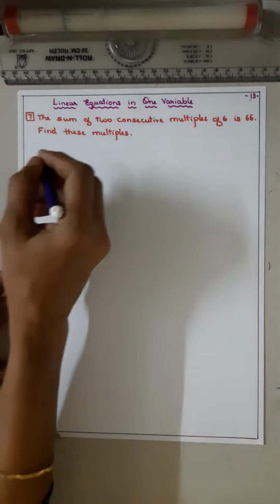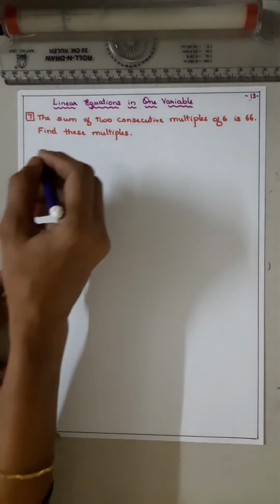If you take x is equal to 2, then for 3, how do you write? x plus 1. 2 plus 1 is 3, isn't it? That is why 6 into x and the second one is 6 into x plus 1.